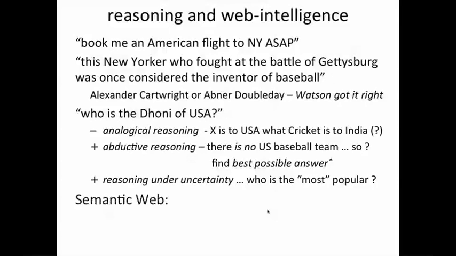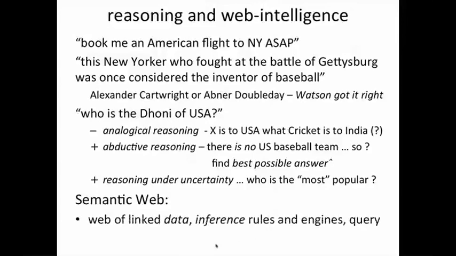In 2000, Tim Berners-Lee came up with his vision for a semantic web, where instead of having simple pages of text which could only be understood by human readers, one would have linked data on the web. So it's not just text, but data which are facts like Obama is the president of the USA, or the president of the USA implies that someone is also the leader of the USA, and things like that.